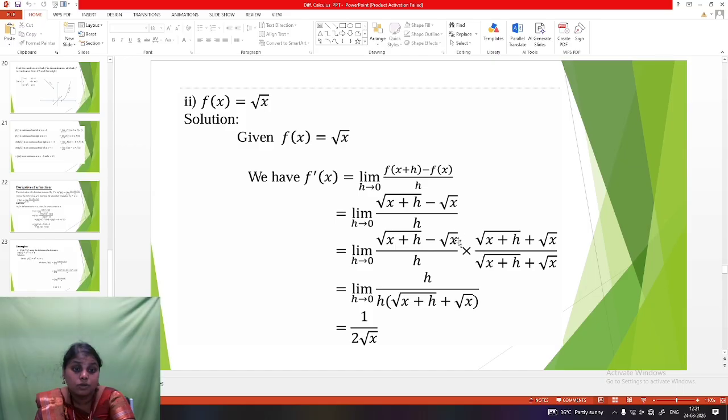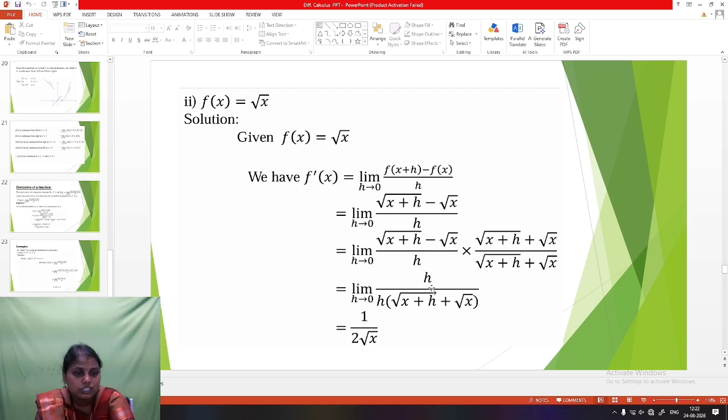Numerator: root of x plus h minus root x, times root of x plus h plus root x, divided by root of x plus h plus root x, over h. Using (a plus b)(a minus b) equals a square minus b square, x plus h minus x, the square roots cancel.